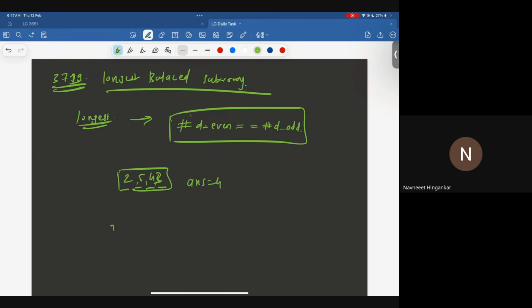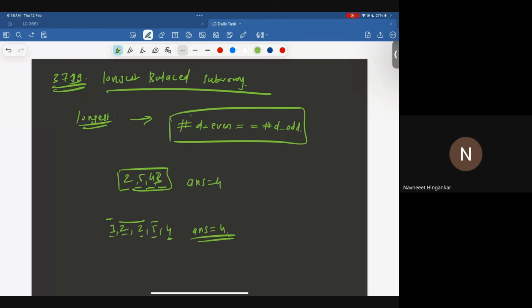There is another example, 3 2 2 5 4, so this is just 5 4 2 2 3. Okay, 2 2 5 odd, answer equal to 4.